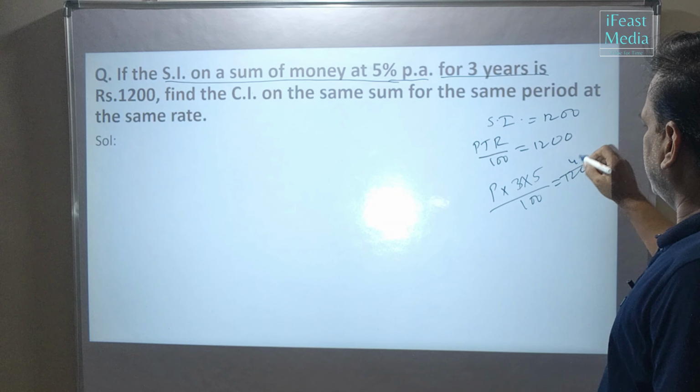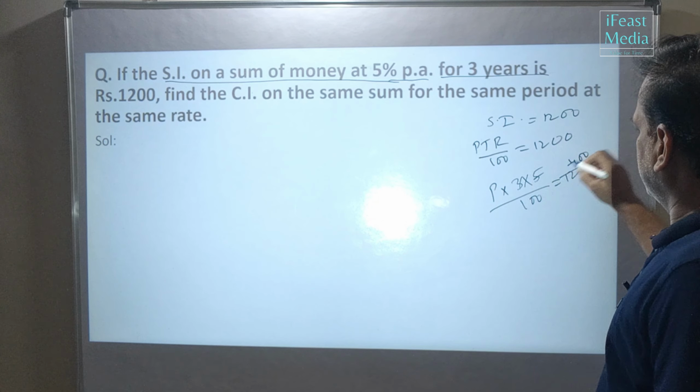So P equal to 8000. Now we got that particular sum as principal, 8000. Now find the compound interest on the same sum for the same period at the same rate of interest.